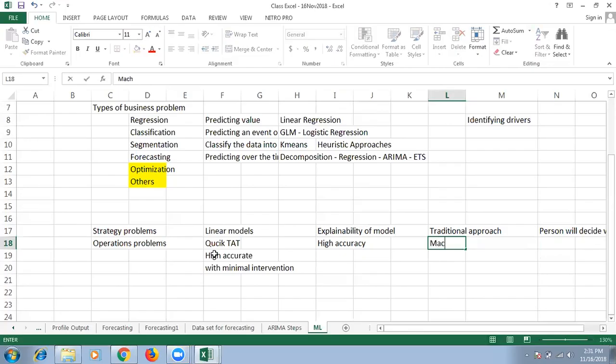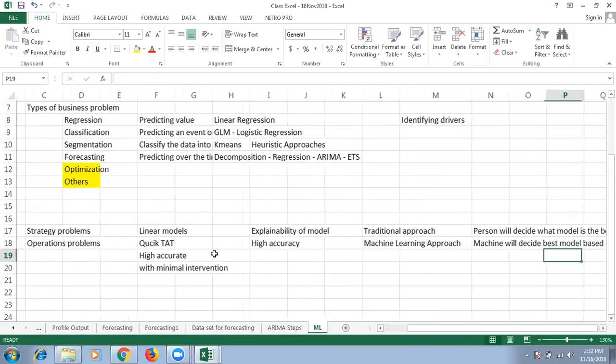Here, the machine learning approach is followed, where a machine will decide the best model based on high accuracy. Now you understand what I'm trying to achieve.